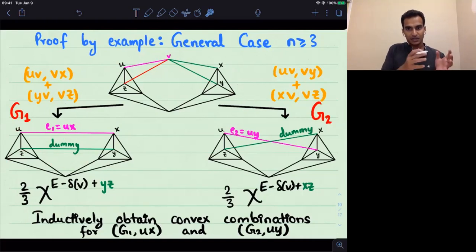So if we have a subgraph of G1 that uses the edge YZ, if we want to translate it back to the graph G, then we need to figure out a way to replace that edge with edges from the original graph. This process is called lifting.